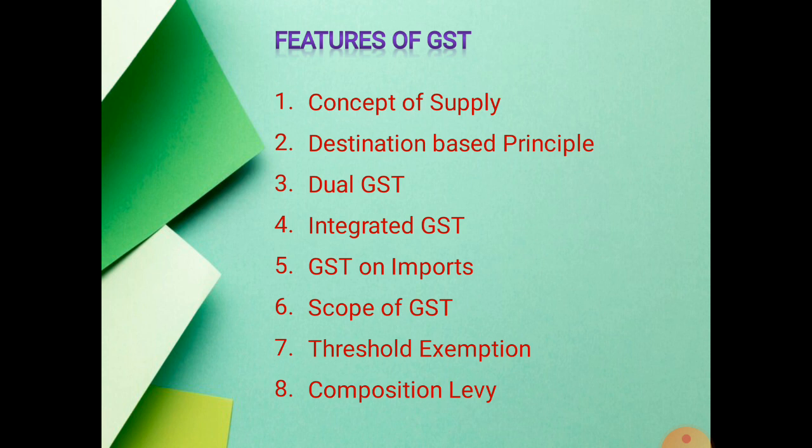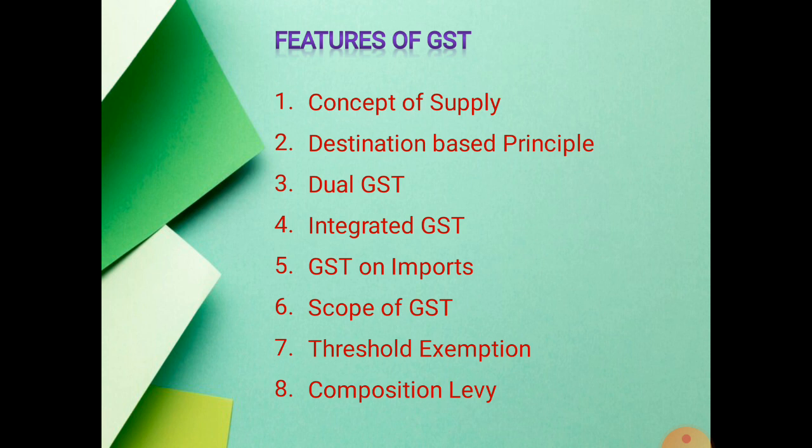It is levied on interstate supply of goods and services. Next, GST on imports. Import of goods would be treated as interstate supplies and it is subject to IGST in addition to applicable customs duties.